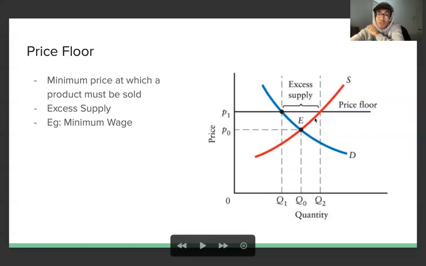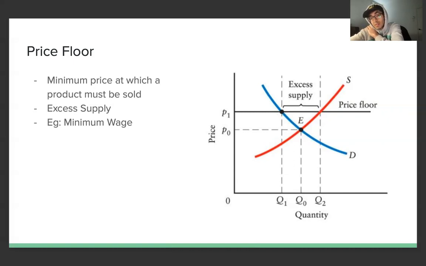And usually when there's excess supply or excess demand and you have two quantity points, the economy always functions on the lower point. If you have higher supply in the economy, but not enough demand, it doesn't really matter if you have extra products, no one's going to buy that. So the point at which the economy would actually function is the lower quantity.